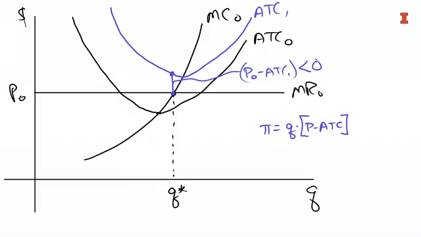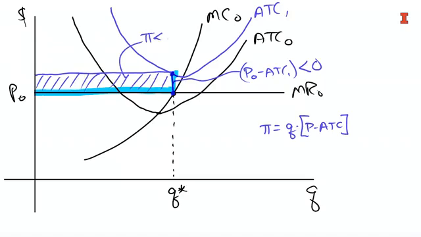And so if I were to take this horizontal quantity times this vertical markup, it would allow me to build the area of a rectangle. And this rectangle, in this case, would be what we call negative profits. You commonly would refer to this as a loss, and it is a loss. But we're just going to stick with the word profits and say sometimes they're positive and sometimes they're negative. Obviously, the firm hopes they're positive, but in this case, they're negative.